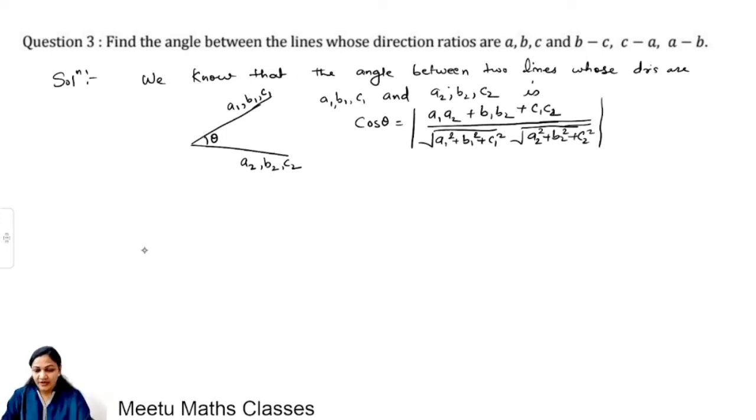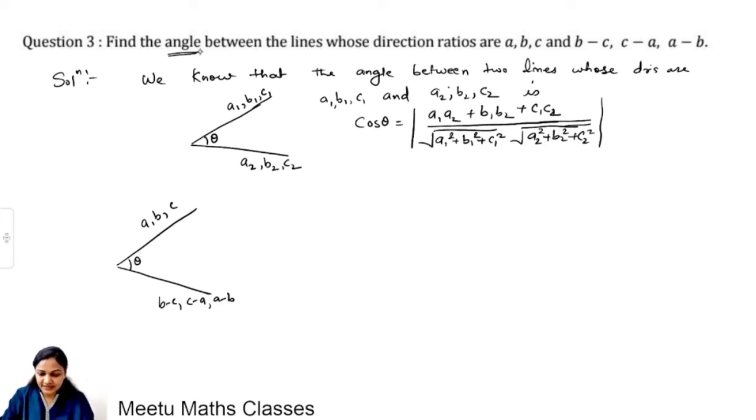Now we have to find the angle between two lines whose direction ratios are a, b, c and b minus c, c minus a and a minus b, and let theta be the angle between them. So we are supposed to find out this theta.